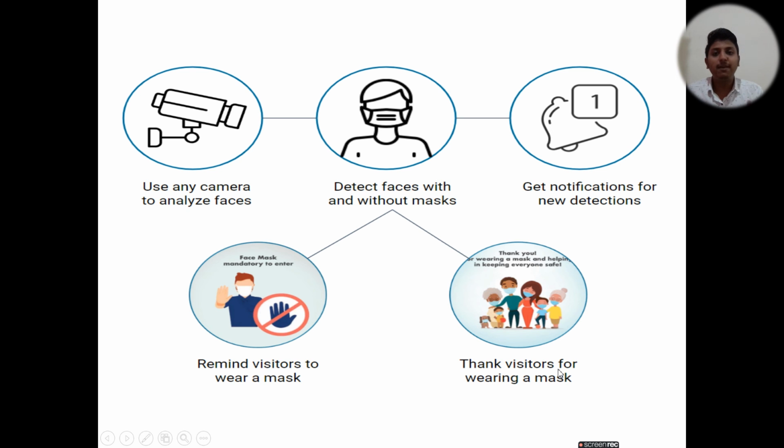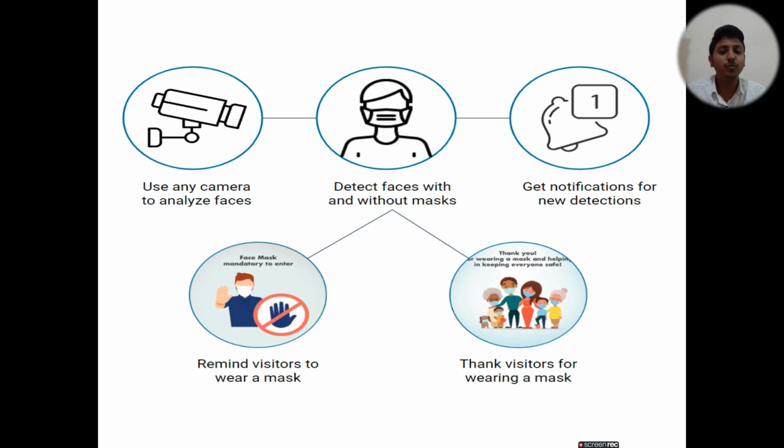So it is a very helpful Android app, or we can say a really helpful application or website which we have created using AI, which can be accessible to people in the situation of the COVID-19 pandemic.